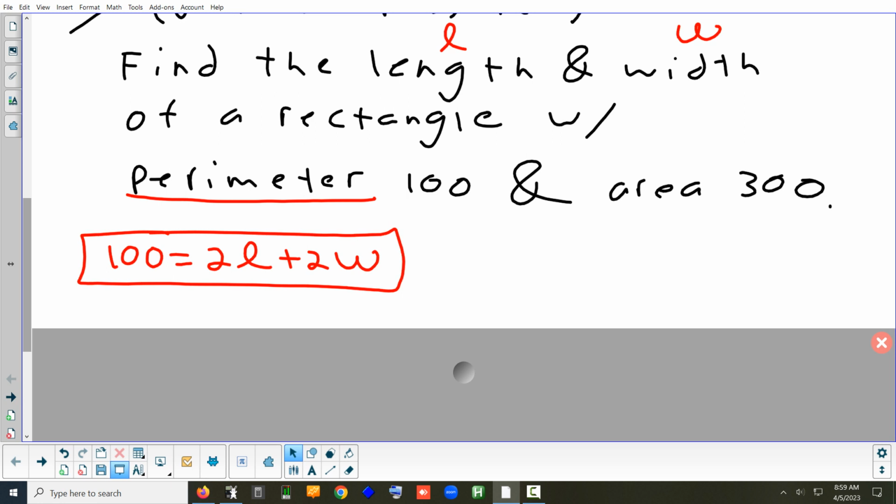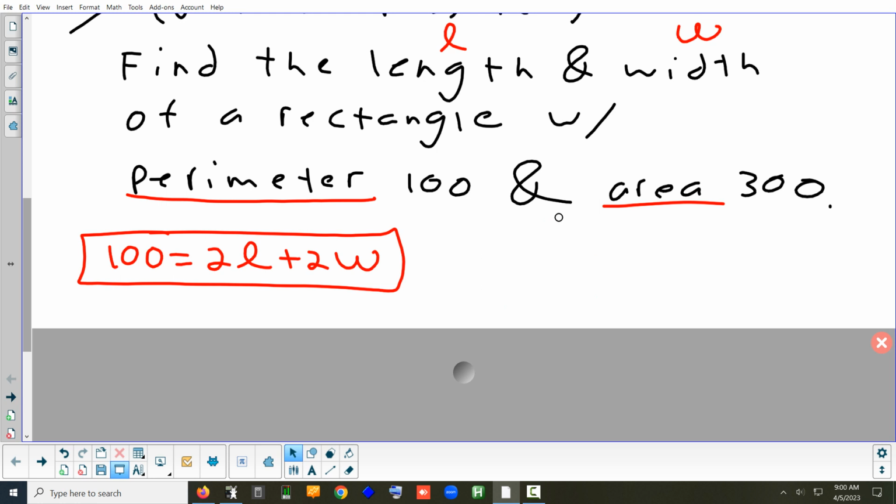Now I need to write a second one. If all they told me is the perimeter is 100, I can think of lots of rectangles with a perimeter of 100. I could do 25, 25, 25, 25. That's a rectangle. I could do something like 5 and 5 and 45 and 45. That's a rectangle with perimeter of 100. There's lots of them.